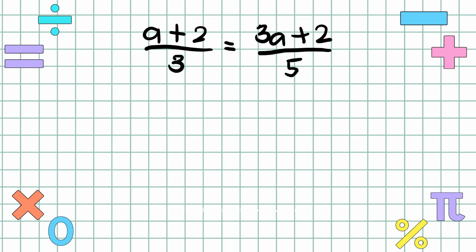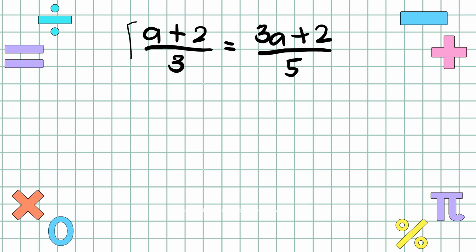And for our last example, you might encounter this multiple times, so better know how to deal with this one. And actually, it's the same idea as what we did earlier on how we removed the denominators among the terms.